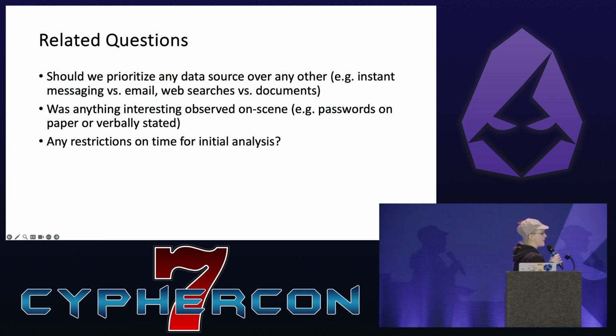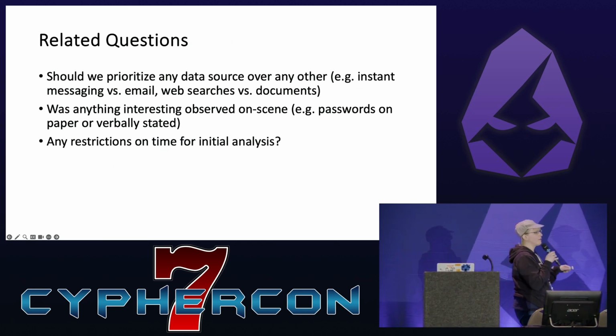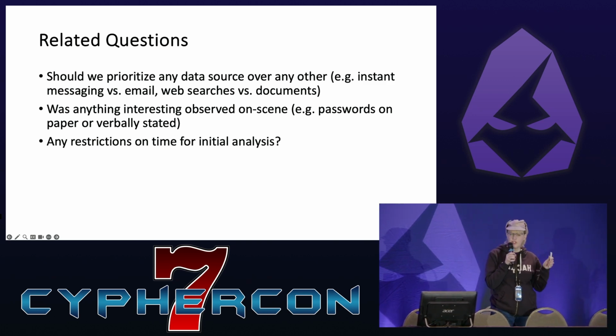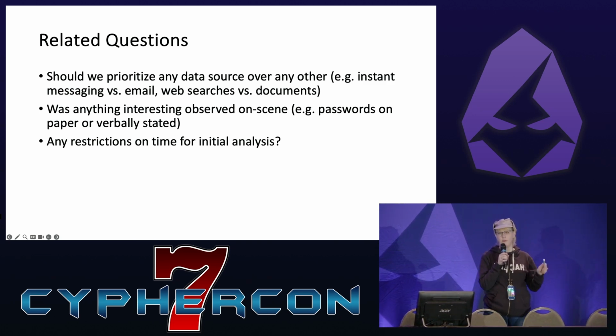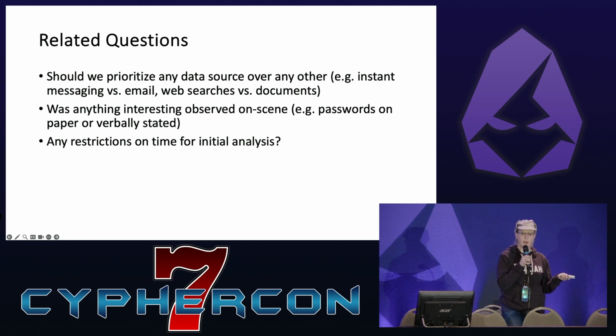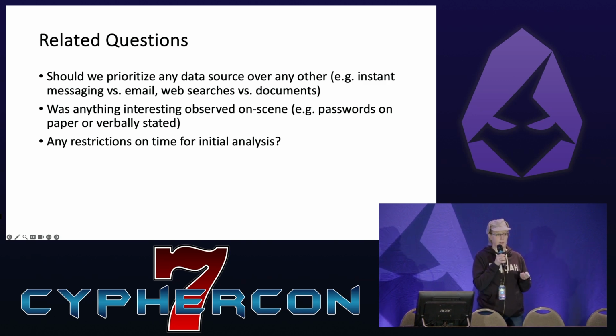Now, with this particular section, we have some related questions that need to be asked. And this generally speaking could be part of the previous area. We could be talking about scope here, but ultimately, there are things we really should know even as we're doing the data gathering. And one of them, probably one of the most important, is, do we need to prioritize any particular piece of data?